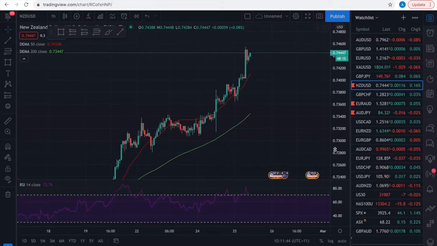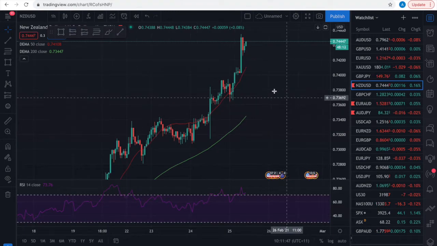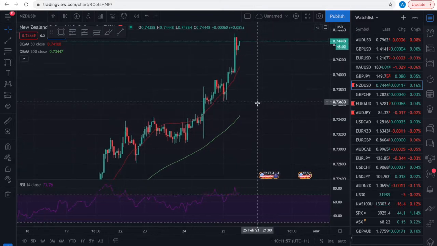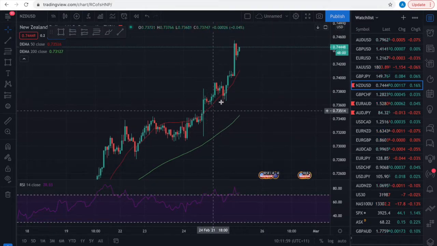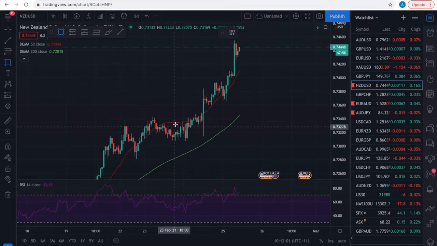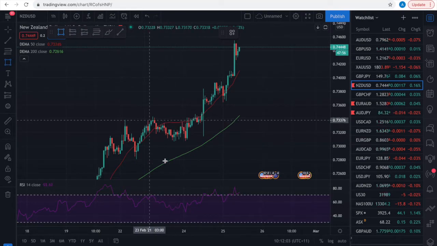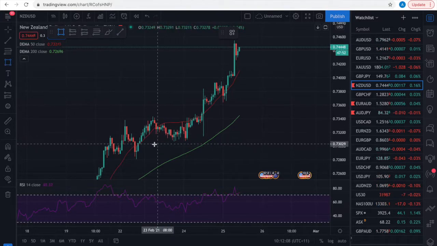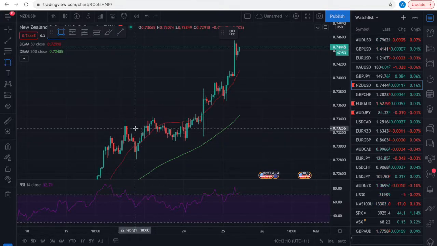So then from this point, what we want to do is look for areas in the market where price reacted, whether it's support, whether it's resistance, which we can clearly see around here. We have this level in here where price consolidated a lot. There was a lot of rejection, both to the up and the downside, so a lot of indecision.